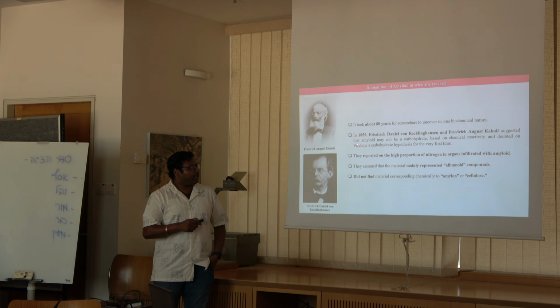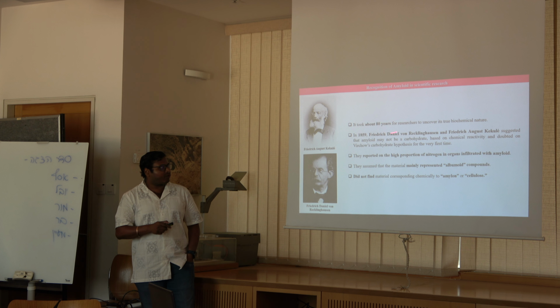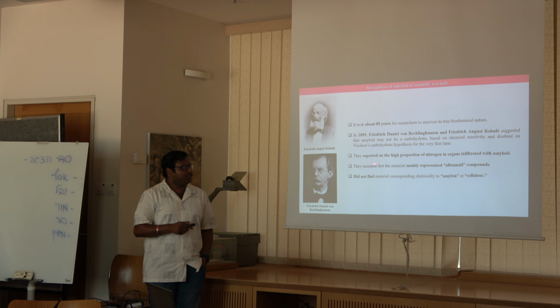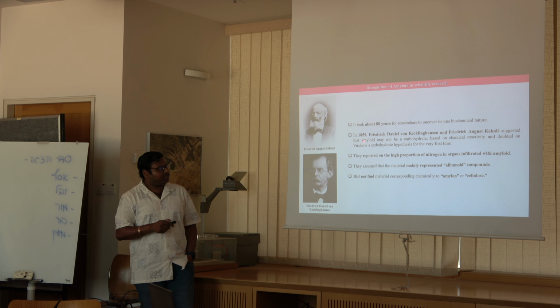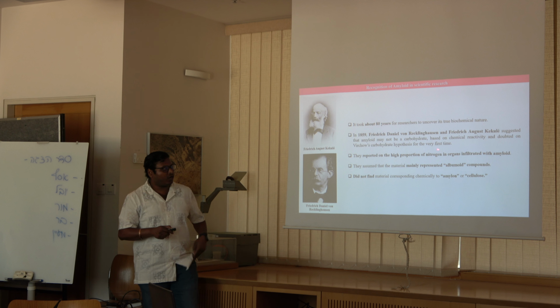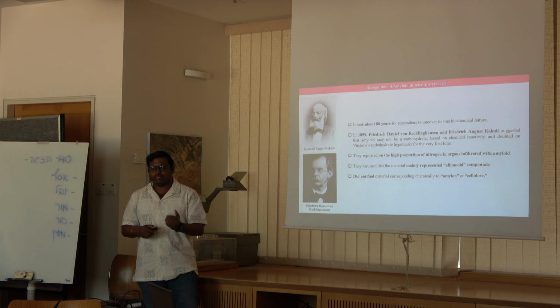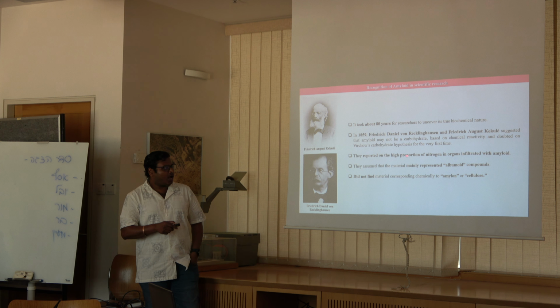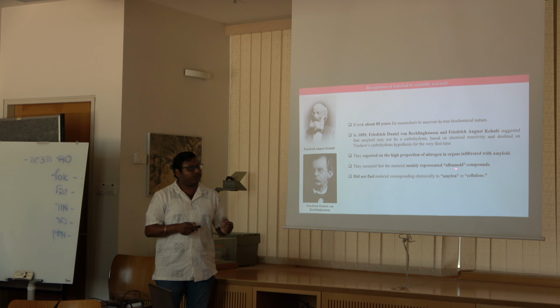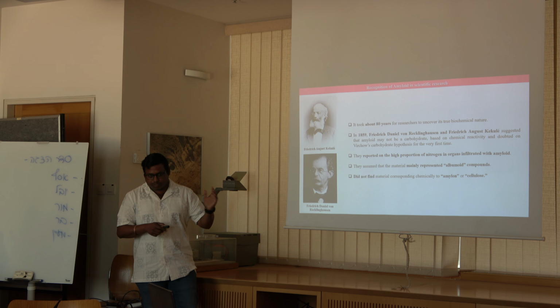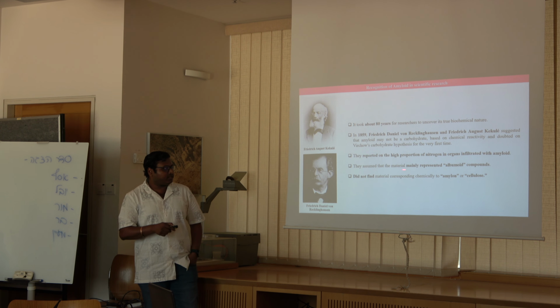It took almost about 80 years. Friedrich Daniel and Friedrich August Kekule in 1859 suggested that amyloid may not be carbohydrate. They can be nitrogen-containing or proteinaceous, because they saw that a high proportion of nitrogen was found in the organs where infiltration of the amyloids was done. So they assumed that they mainly represented albuminoid compounds.